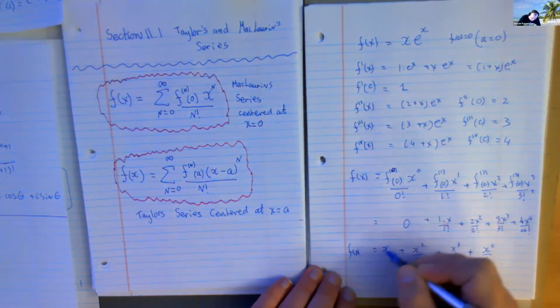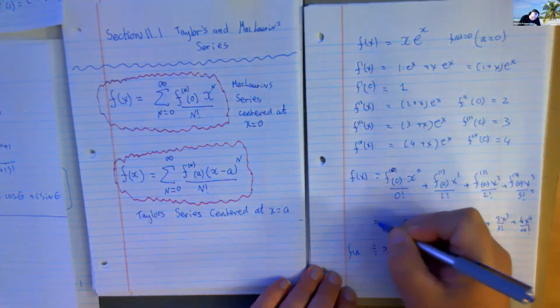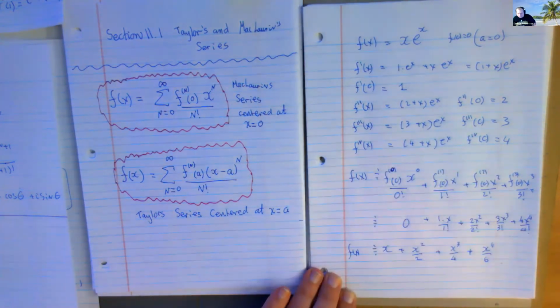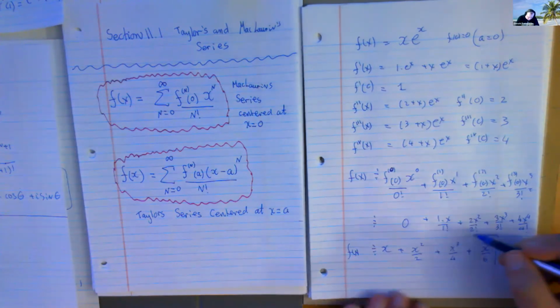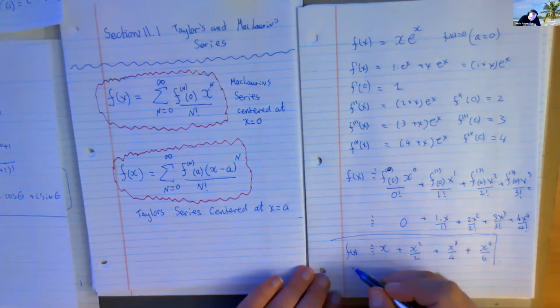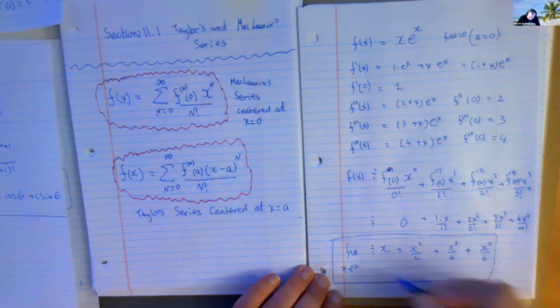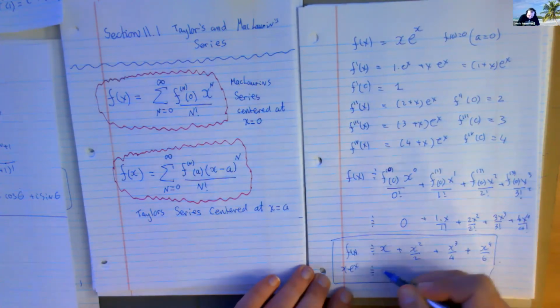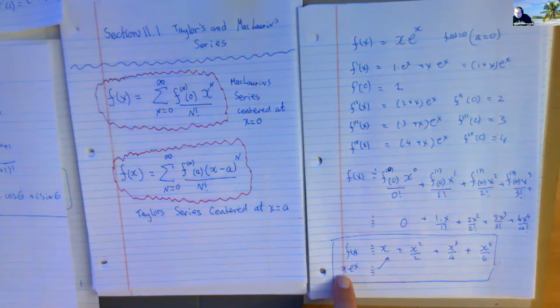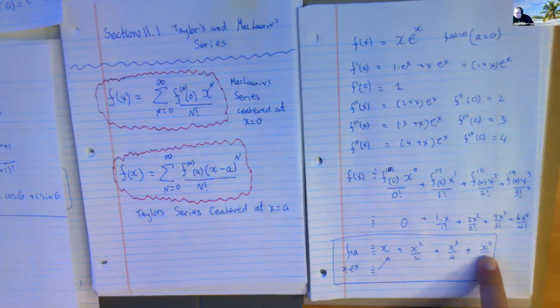Technically speaking, it's not equal to it. It's approximately equal to it. So I should be able to use this guy instead of x e to the x. So this fella behaves very like that guy.